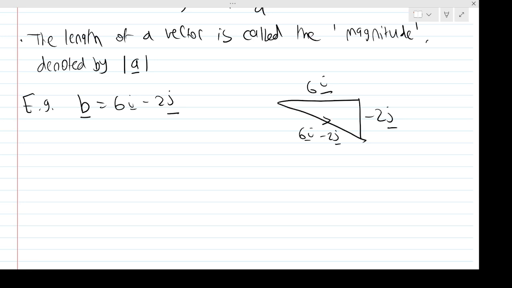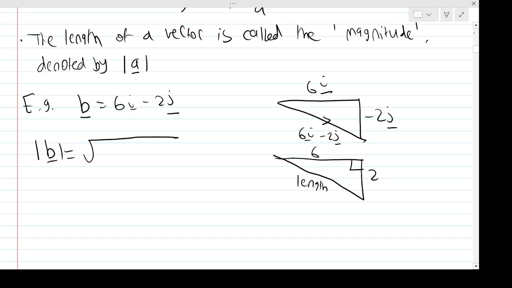Cool. So then the length, well, if we just consider the numbers, we can also consider the triangle. We're going 6 across and 2 down, right? So by Pythagoras, the hypotenuse here is the length. So we can say that the length or the magnitude of the vector b is going to be the root of the two components squared.